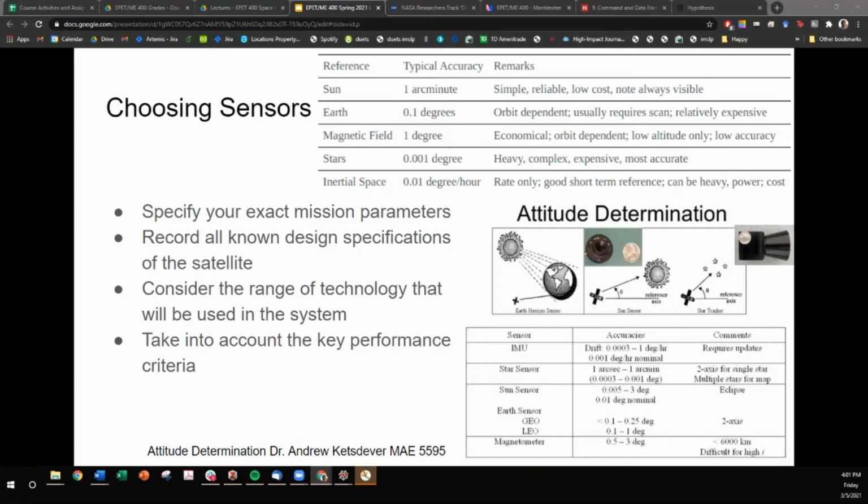You'll also see arc seconds, and arc seconds are 1/60th of an arc minute. So Earth sensors, even though it says 0.1 degrees and this is 1 arc minute, are actually the most coarse of all of these sensors. And then it goes the sun. Oh, no, magnetic field is the most coarse, then Earth, then sun, then stars. Usually all by a magnitude. And then the IMU measures something like this amount of angular rate.